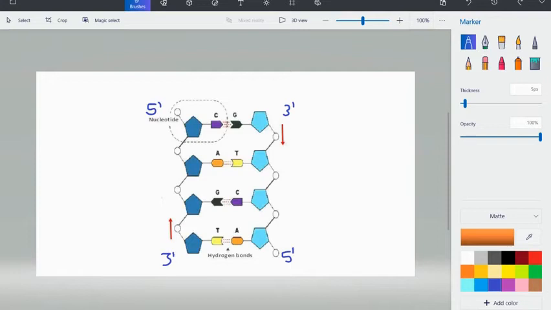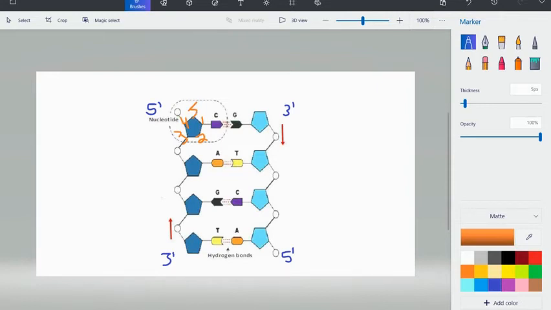We name those carbons 1, 2, 3, 4, and 5. I know, incredibly complex. So we start counting the carbons from the one that's attached to the base. So this one here is 1, and we go around the circle, 2, 3, that's a 3, I promise, 4, and 5 is at the top.